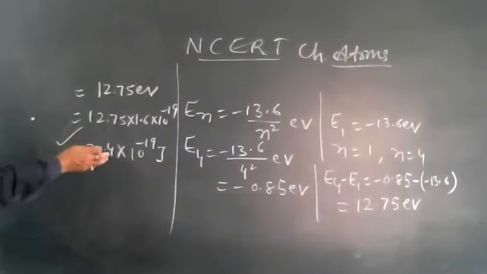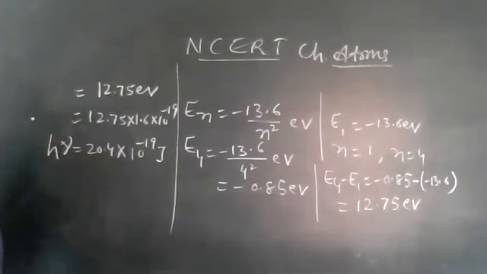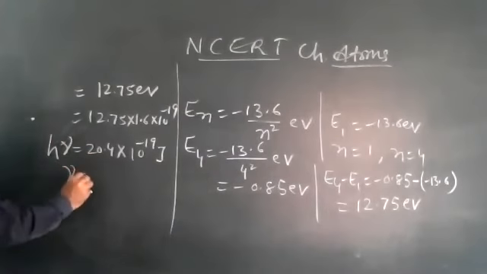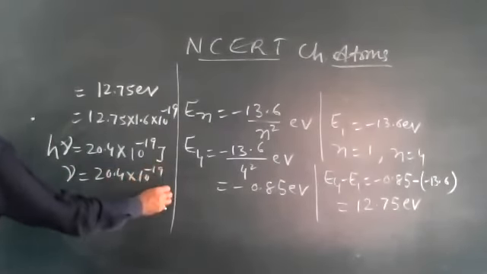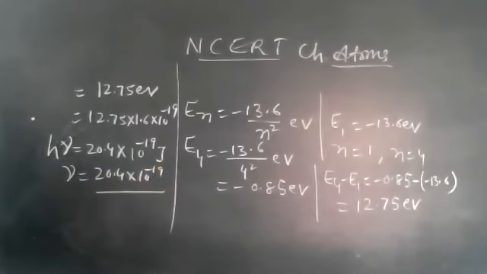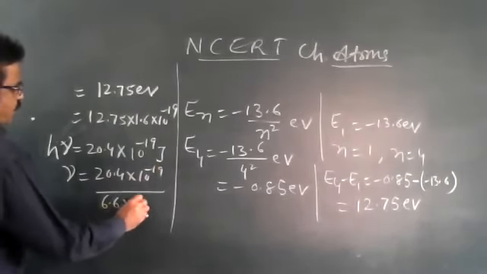We know this energy is equal to h nu. This is equal to h nu. So you can find out nu: 20.4 into 10 to the power minus 19 divided by h, that is 6.6 into 10 to the power minus 34.